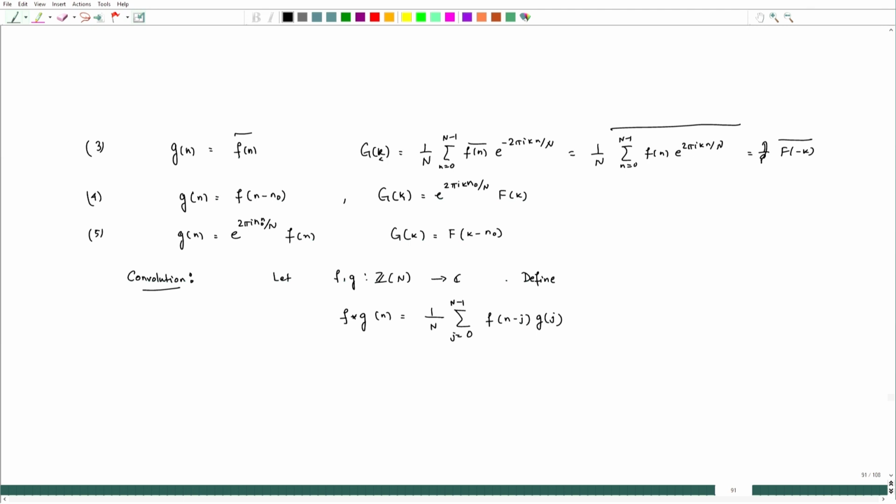Now, what we have seen when we did the convolution there is that there does not exist any g such that f convolution g is equal to f for all f.